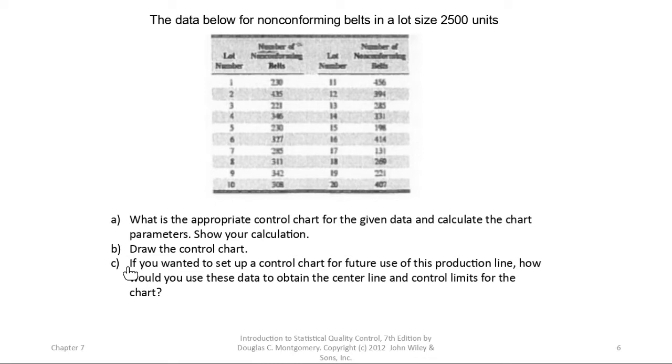If you have a few out of control points, 1, 2, 3, then you can eliminate them, reconstruct the control chart, and evaluate it again. If you see the control chart becomes in control and the process becomes in control, then you can suggest to investigate only on those 3 points and see what was the reason for those points.